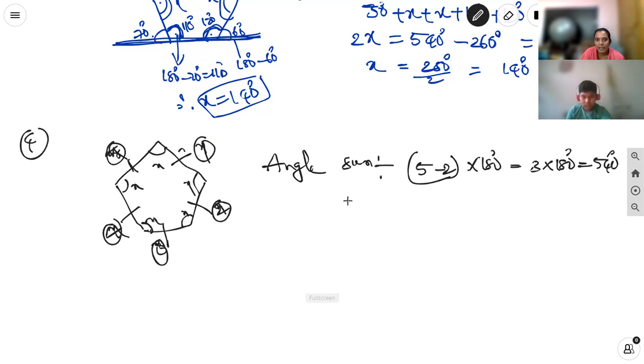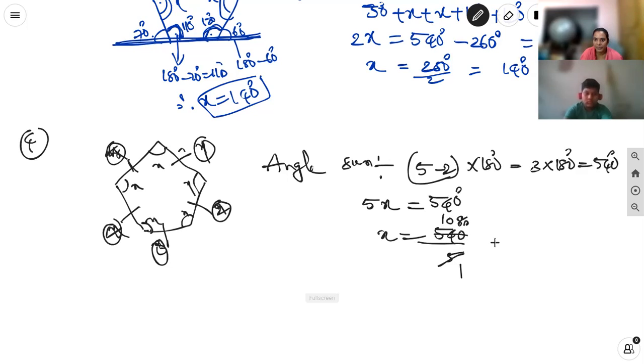They have given that all angles are the same, so x plus x plus x plus x plus x, that is 5x, equals 540 degrees. From this, x equals 540 degrees divided by 5. So x equals 108 degrees.